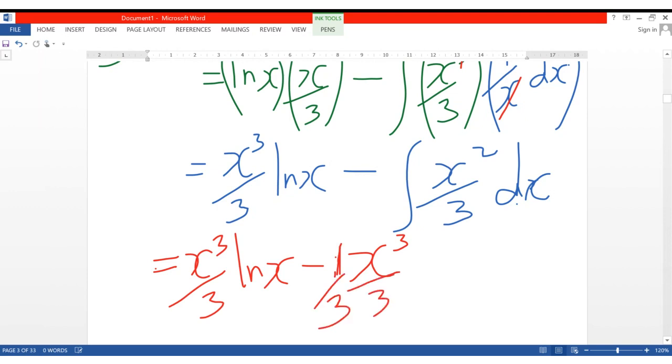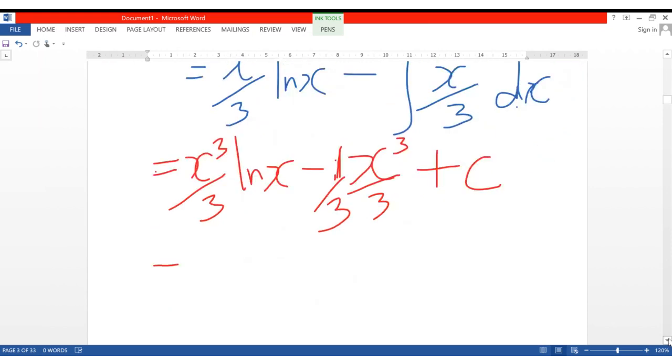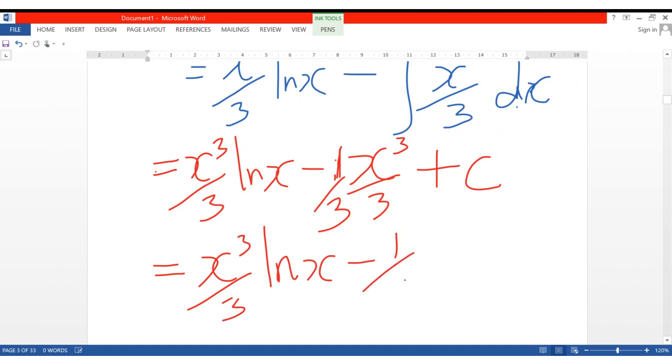So you add 1 to the power and divide by the new power, plus a constant of integration. And the final answer should be x to power 3 all over 3 ln x minus 1 over 9 x to power 3 plus c. That is the final answer.